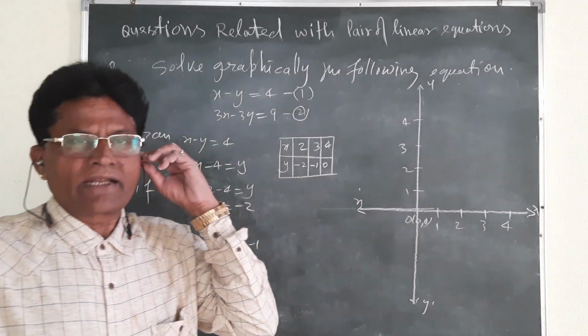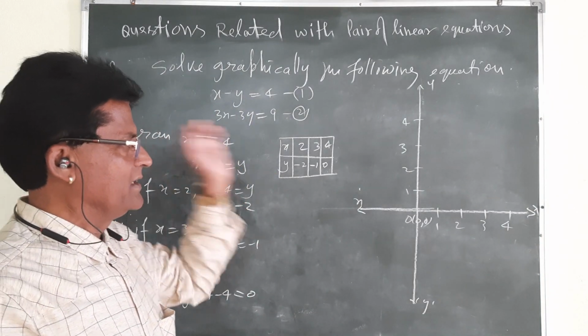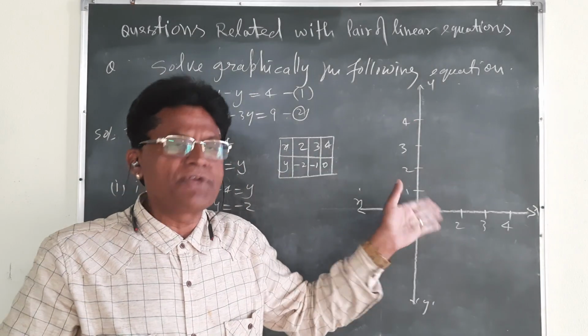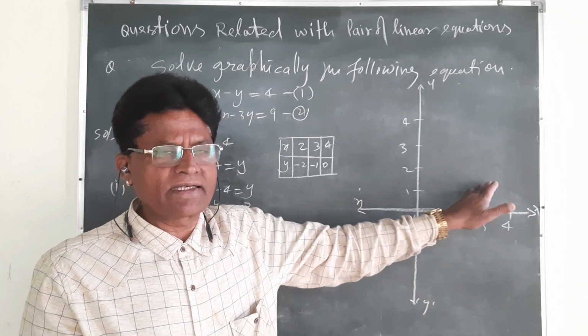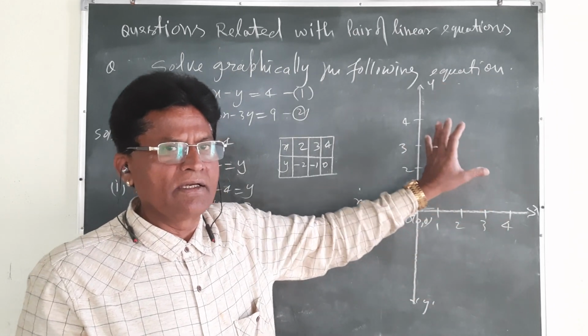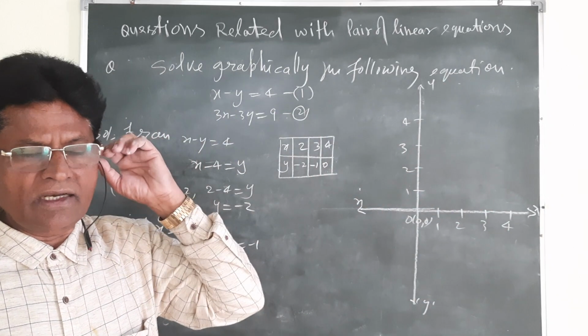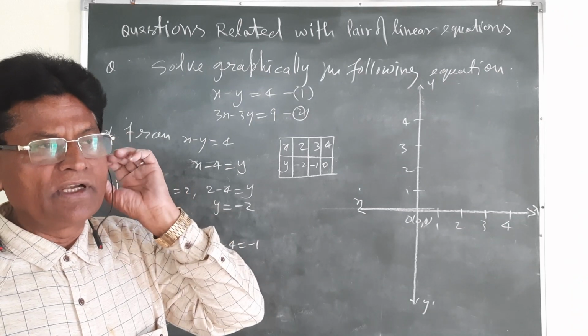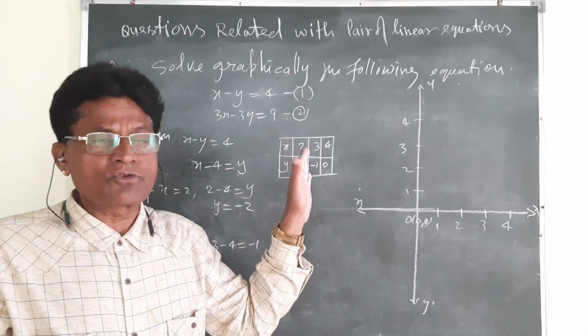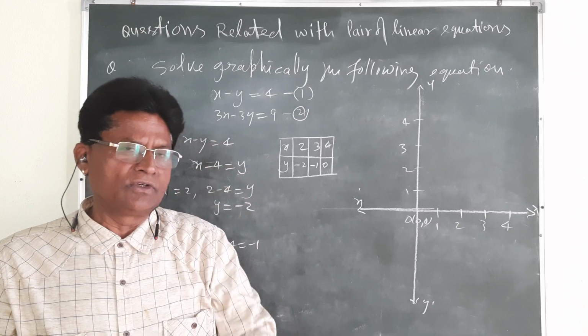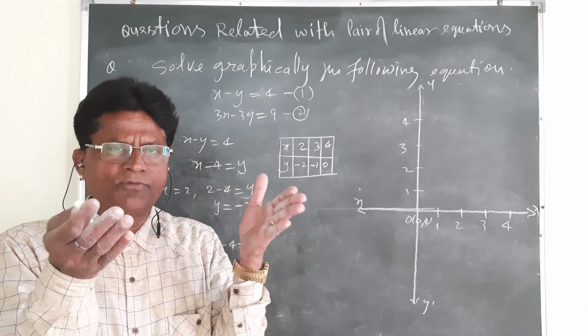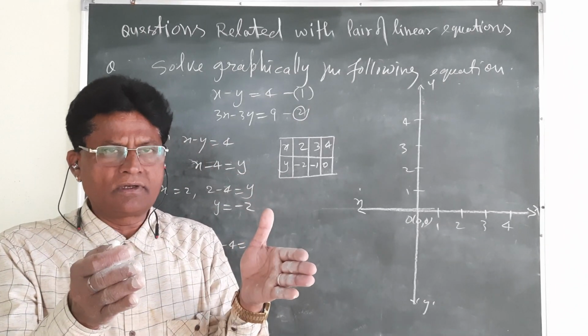Actually, when you take the graph paper, you will automatically find the centimeter division on the x-axis as well as on the y-axis. But I am going to draw a rough graph. If such a question comes in the examination, you draw it on the graph paper that is given in the middle of your answer book.